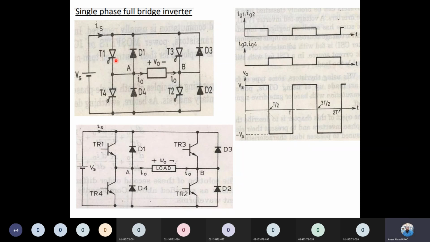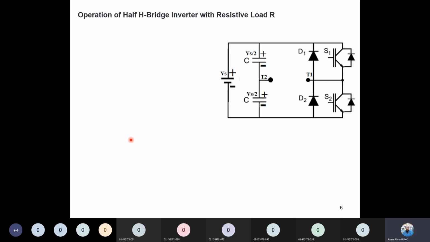In this case, it shows T1, T2, T3, T4. And these are alternatively connected, T1 and T2. Whenever T1 turns on, simultaneously we also give a signal to T2, while these two will remain off, and vice versa. Probably you know about all these things, but I must review them.